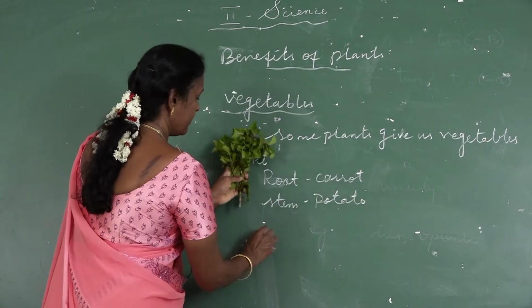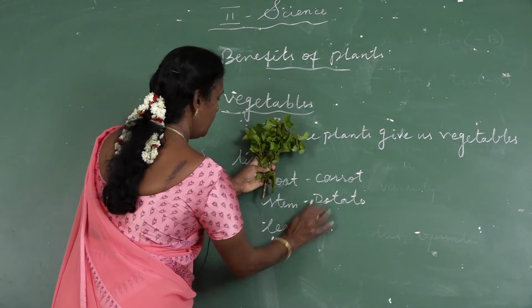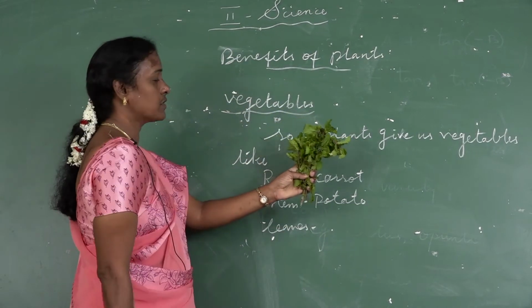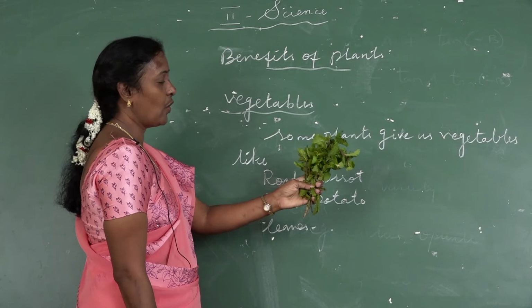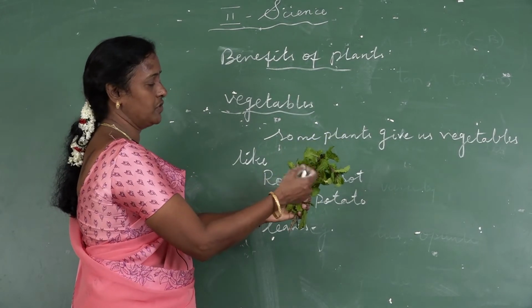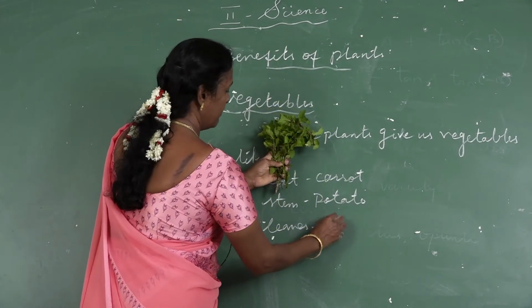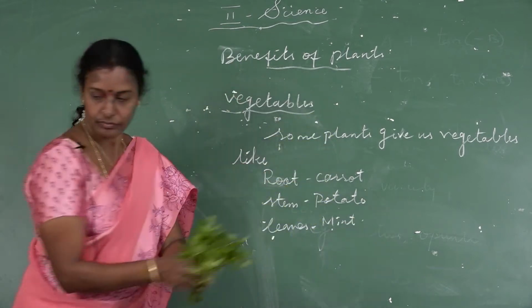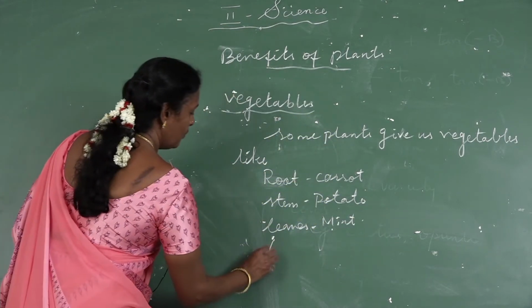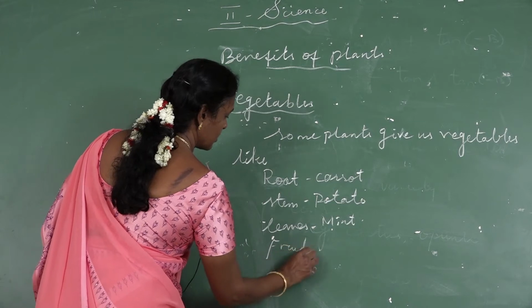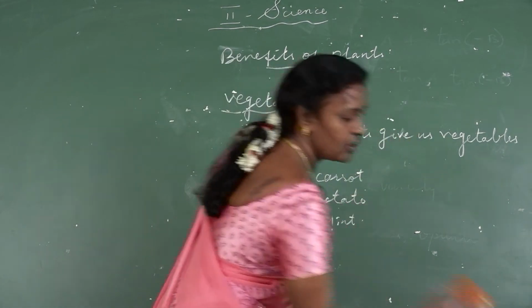Leaves: green leaves, mint, coriander. These are all the leaves we use to eat. Fruits: tomato.